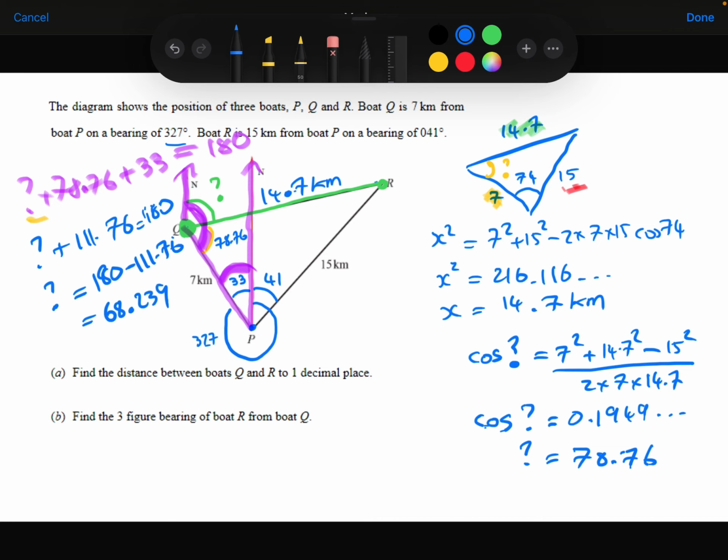So that is the angle here. As a three-figure bearing though, so let's round that to the nearest whole number, it's 68. So three-figure bearing will be 068. And that's my answer for part B.